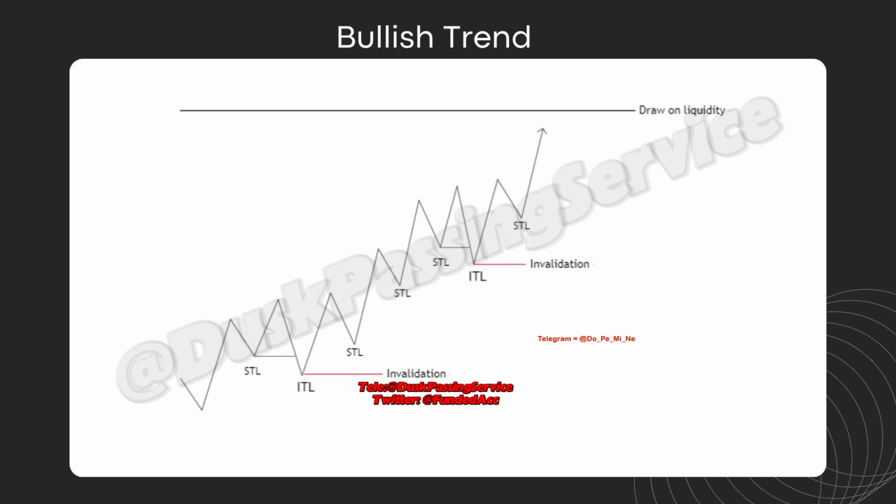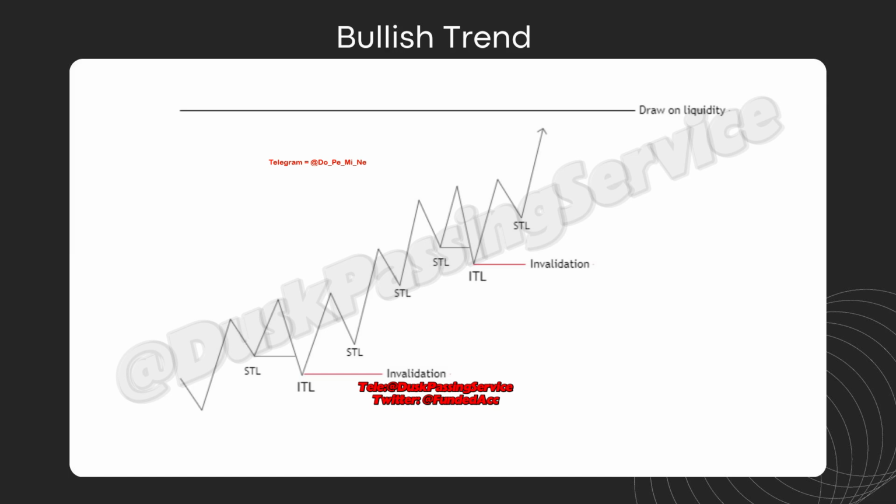Now the unique and important thing about this intermediate term low is that this low is what we also call a protected low. You may have heard me or Romeo talk about protected lows and highs, right? And you might have second guessed yourself, wondering what we are actually talking about, right? And if you didn't know the answer, then this right here is exactly the answer to that and how we classify protected highs and lows, right?